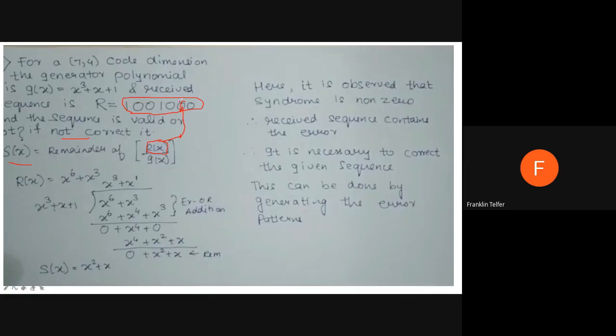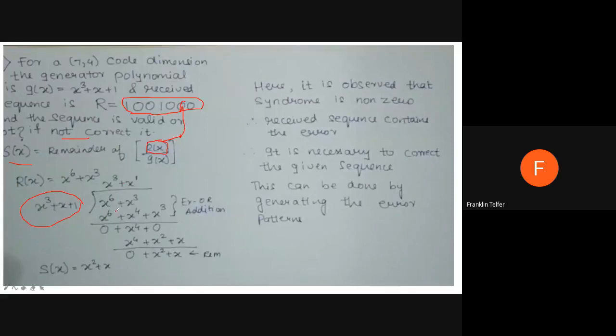Likewise, whenever you have a 1, that can be taken as a polynomial term. So you have x power 6 and x power 3, and everything else is 0. Then divide by G of x, which is already given as x cube plus x plus 1. In some books it is given as p, that's not a problem.